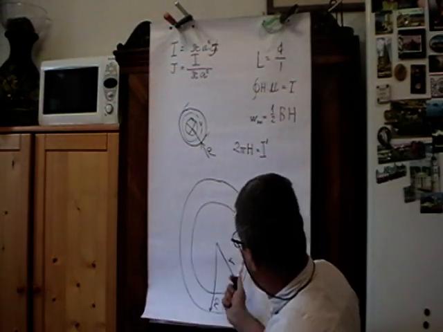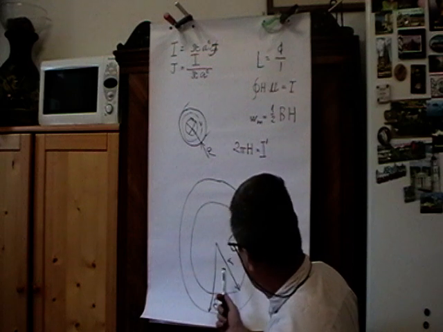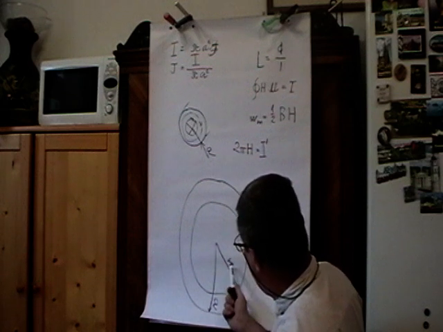For this circle, the cross section of the circle is pi times r squared.